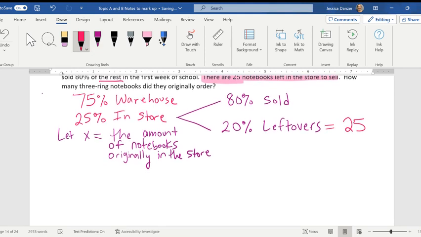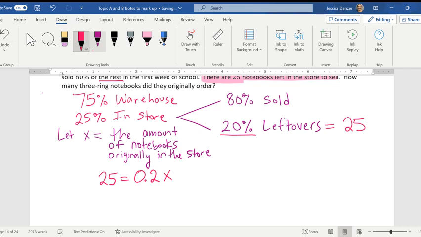So we're going to start with an equation to solve for X, because we don't know exactly how many were in the store originally. We know that 25 are in the store now, and if we take this 20% and write it as a decimal, 0.2, we could figure out how many were originally in the store.